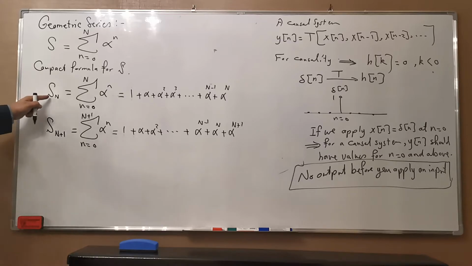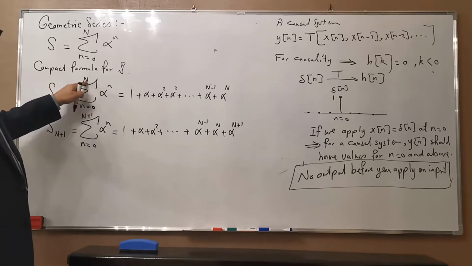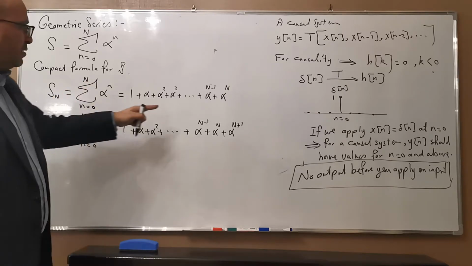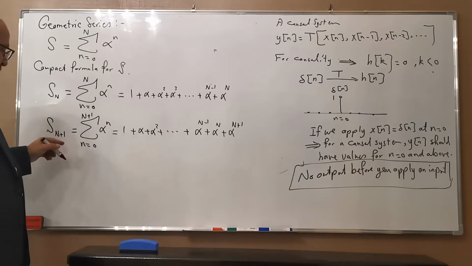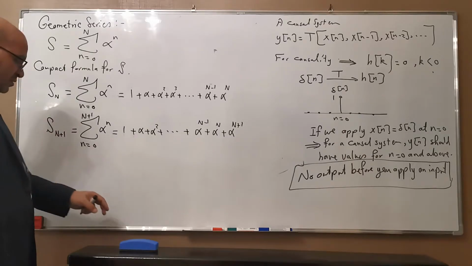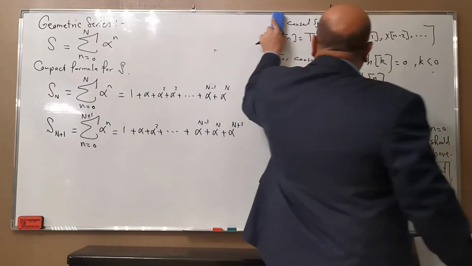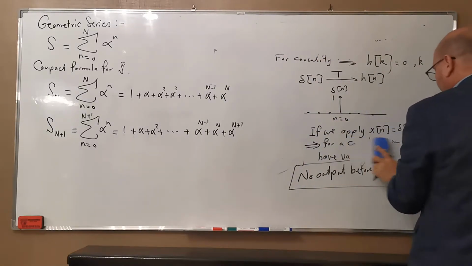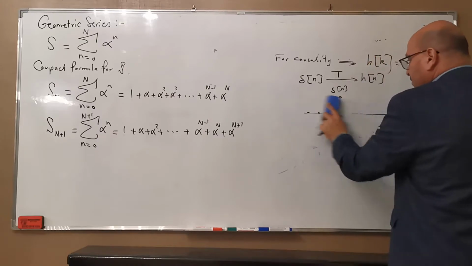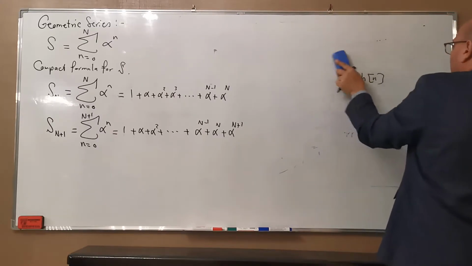So we took summation S sub n, where the maximum power is up to n, and the next one is n plus 1. Let's see how we can deal with that.